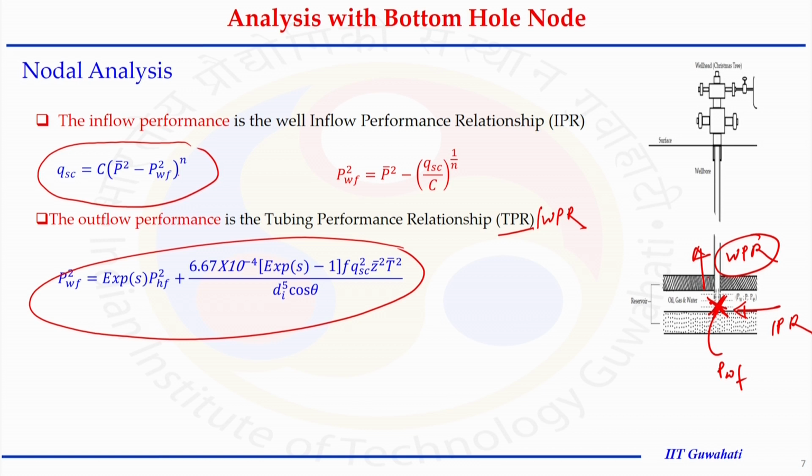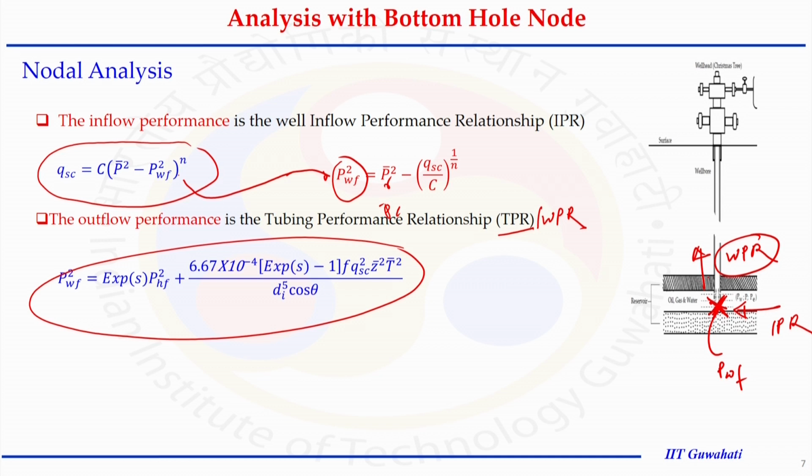From the IPR equation we can adjust this equation in the form of PWF score equal to P bar score. This P bar is the reservoir average pressure, sometimes written as PR or PE. So, P bar score minus QSC by C to the power 1 by n.